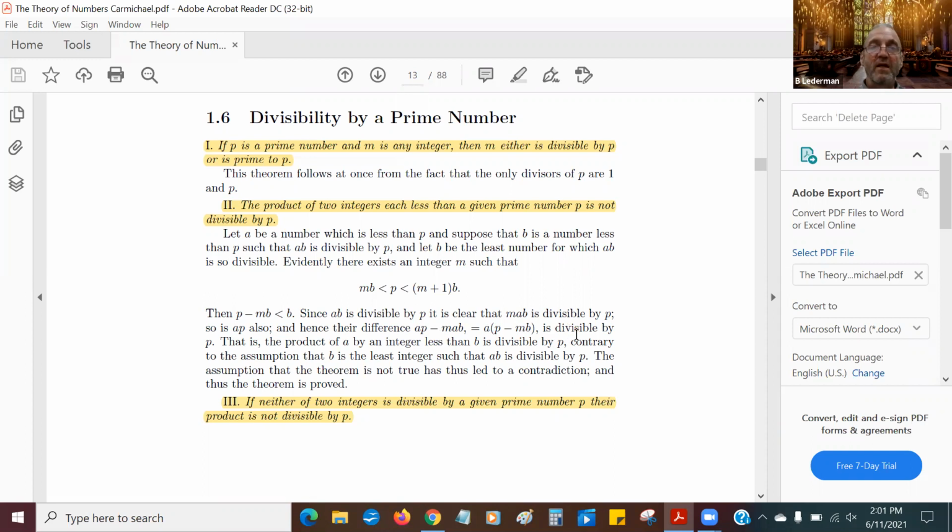That is the product of a by an integer less than b being divisible by p, and that contradicts the assumption that b was the least integer. That's how we contradicted it. So the assumption is not true because it led to this contradiction, and thus the theorem is proved: the product of two integers, each less than a given prime number p, is not divisible by p.